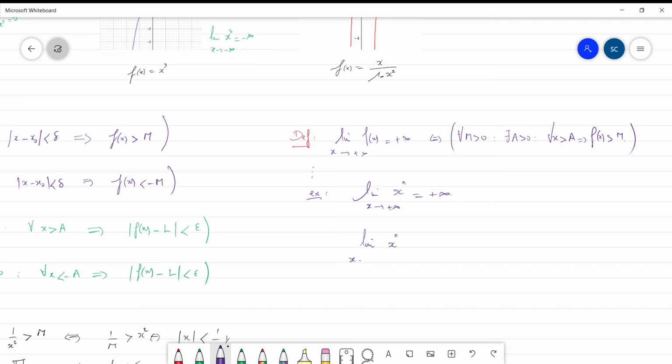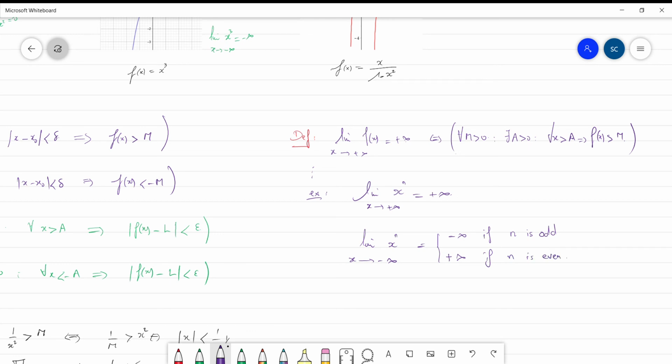As x approaches minus infinity, I think it's the opposite: it will be minus infinity if n is odd, and plus infinity if n is even.